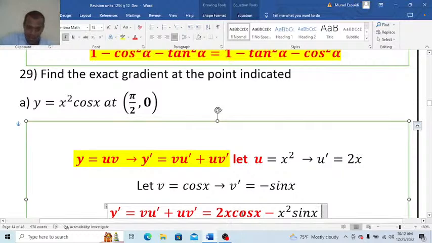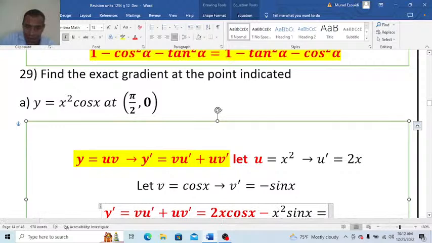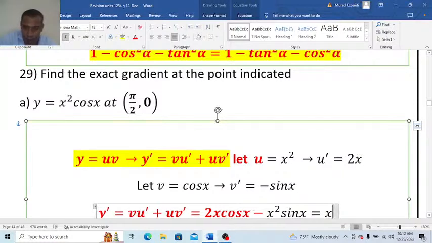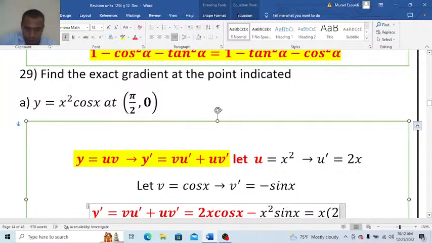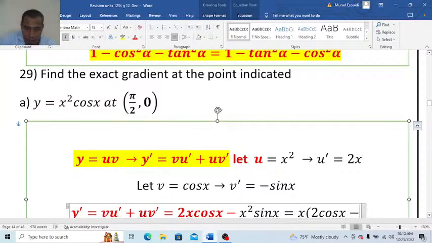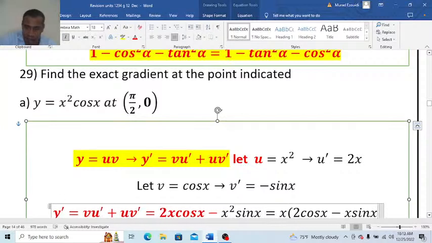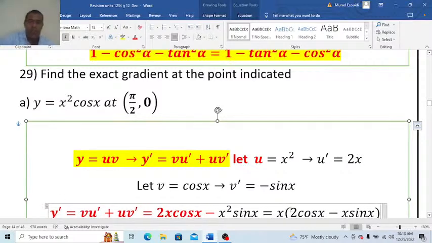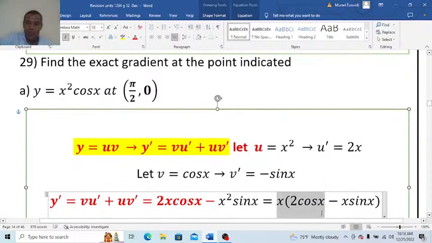You can see that x is a common factor. It's written as x between parentheses 2 cosine x minus x sine of x. Then I will close the parentheses. This is my first derivative function, this one.